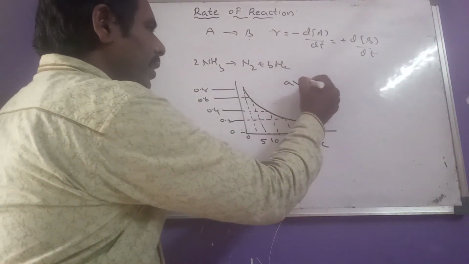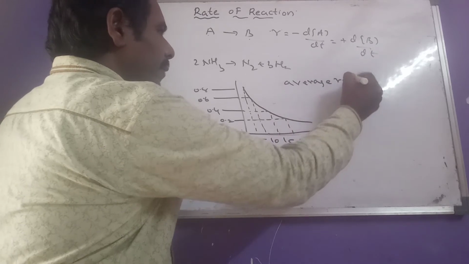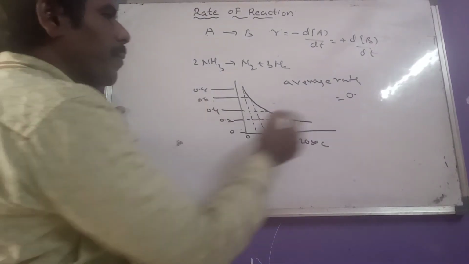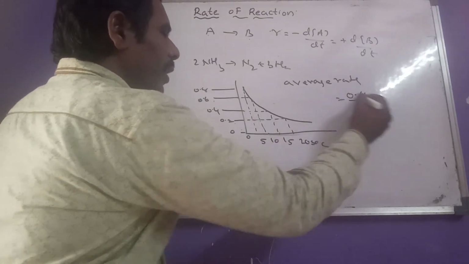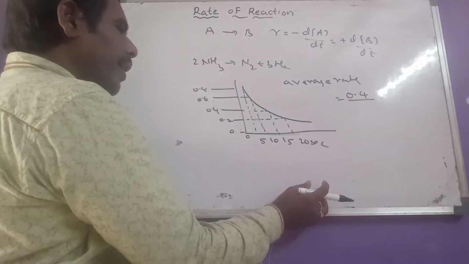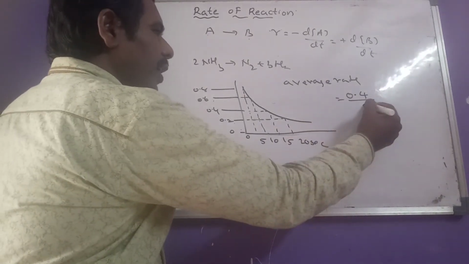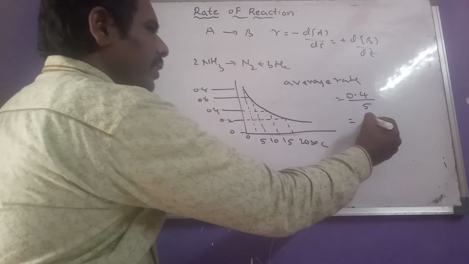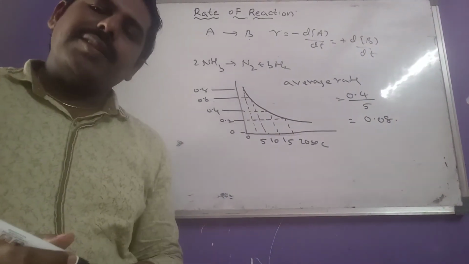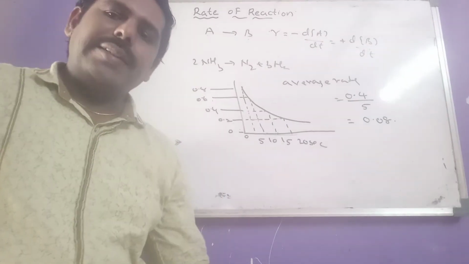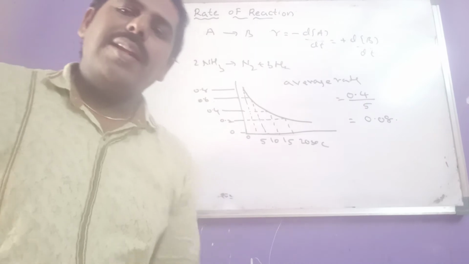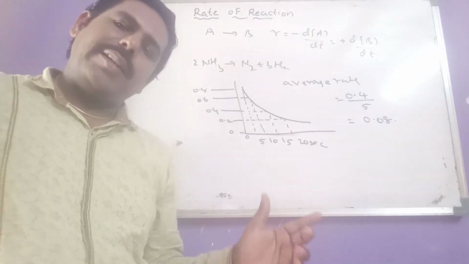That means average rate equals 0.6 minus 0.2, which gives 0.4. This is the change in concentration. Divided by the time period, which is 5 seconds. So we get 0.08 mole per liter per second. Like that, we calculate the average rate.